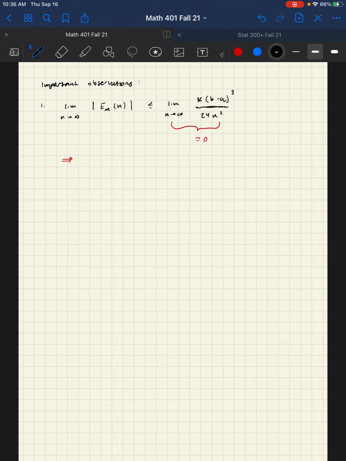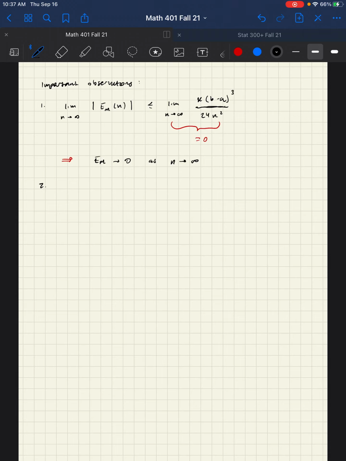Of course, this whole thing is 0. So that means as n goes to infinity, the error goes to 0. Which is what we wanted, right? Perfect, great.